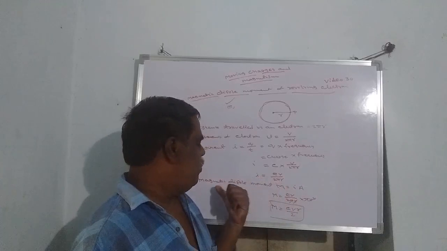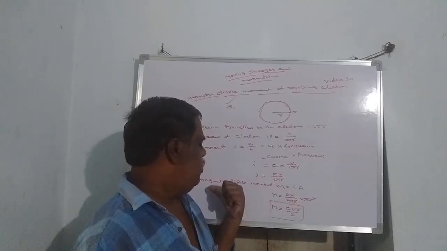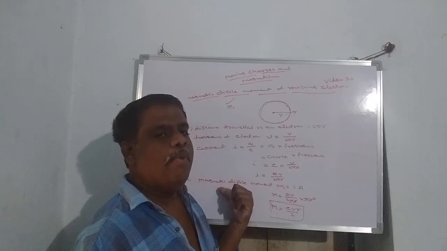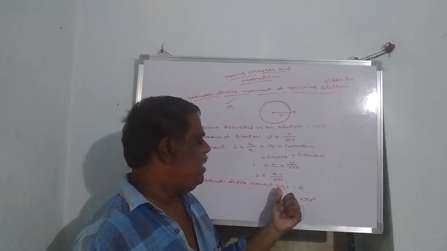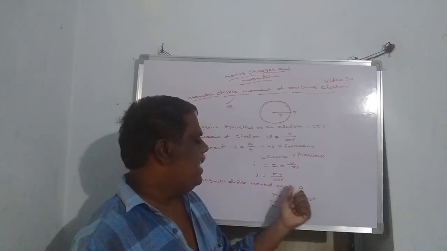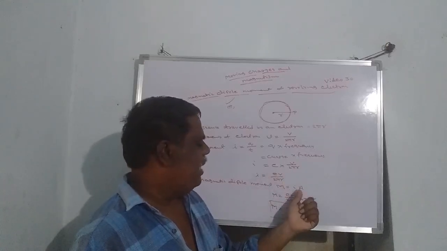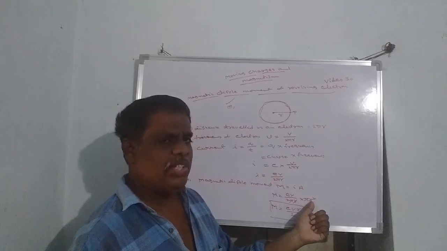Finally, what do we have to find out from the question? They are asking how to find the magnetic dipole moment. So, magnetic dipole moment M is equal to IA. I value we have calculated here, ev by 2 pi r. Area of cross section pi r square.